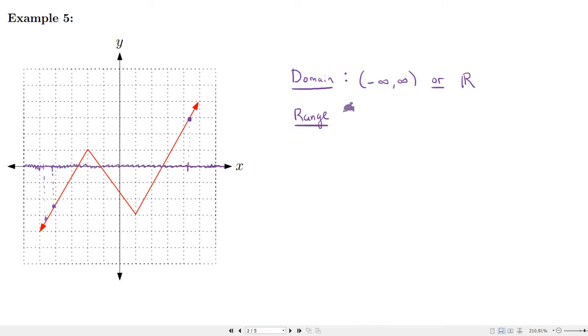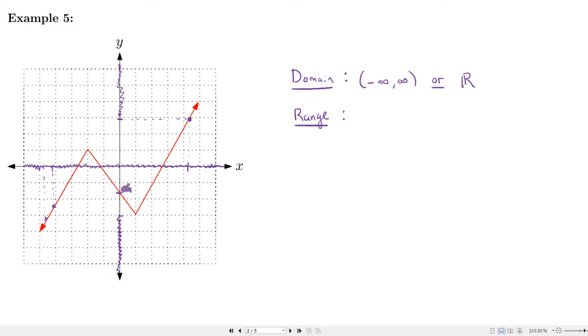So what about the range? In this situation, what are the possible outputs that we have? Well, here's one output, right? For this portion of the curve that continues on after this point, we have all of these outputs. Similarly, down here, once we get past, say, here, and this curve continues on, we have outputs in this region. And in between these two, several of these outputs are made more than once, right?